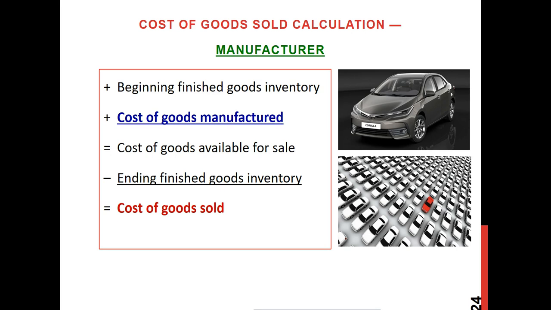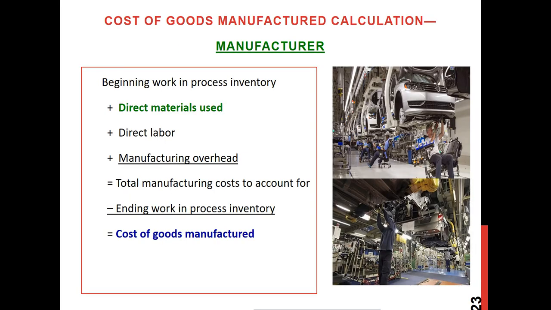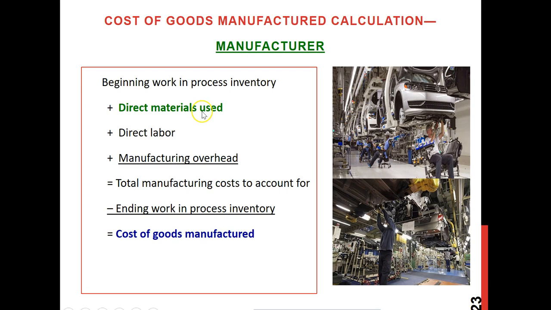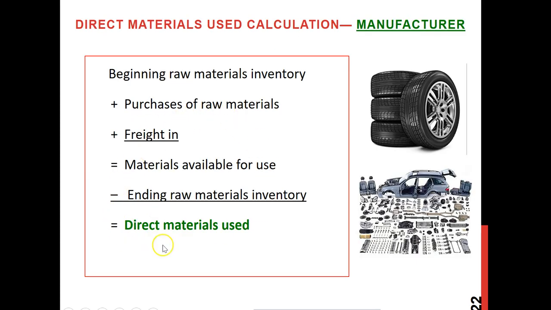Now, one important thing I want to add: these three parts are connected. How? Let's go back here. When you did your direct material used, you use this direct material used here. For the second part, cost of goods manufactured, this direct material used, this green color, we got from our previous chart.